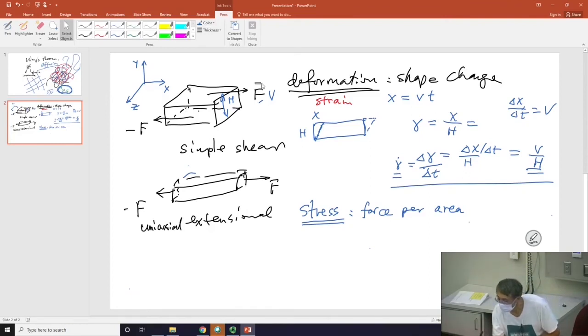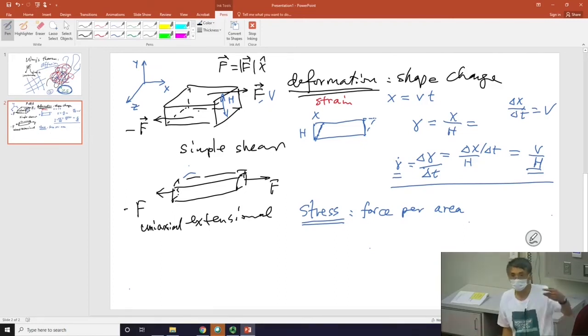There will be a force acting on the top surface as well as the bottom surface, which is pointing to the right. So there's a vector pointing to the right horizontally, and it's acting on a surface.